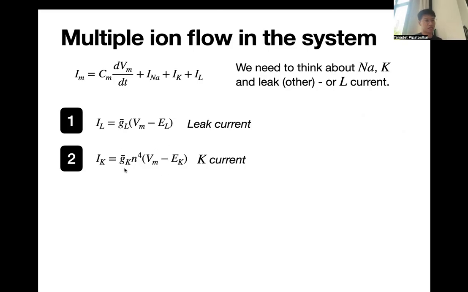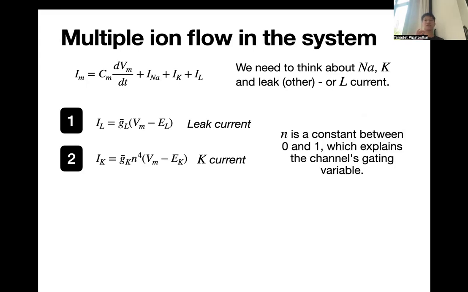Then we have this Gk, and we have this n, which is another term that suddenly pops up. This n is a variable that varies from 0 to 1, right? It's not a constant, it's a variable between 0 and 1, which explains the channel gating variable. So it's the different gating properties of a channel, which makes sense. But why 4?